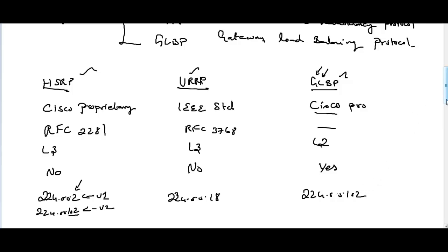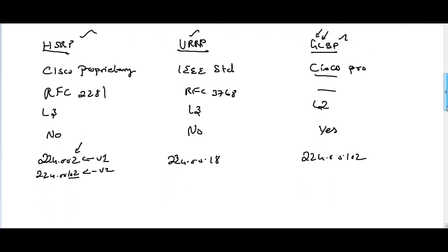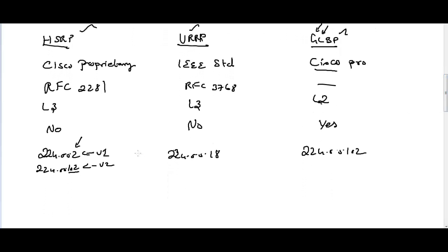Right. Now about the port numbers. All these three use UDP because it's not connection oriented. You have a floating router on top, so you cannot use TCP. UDP 1985 is the port number for HSRP.